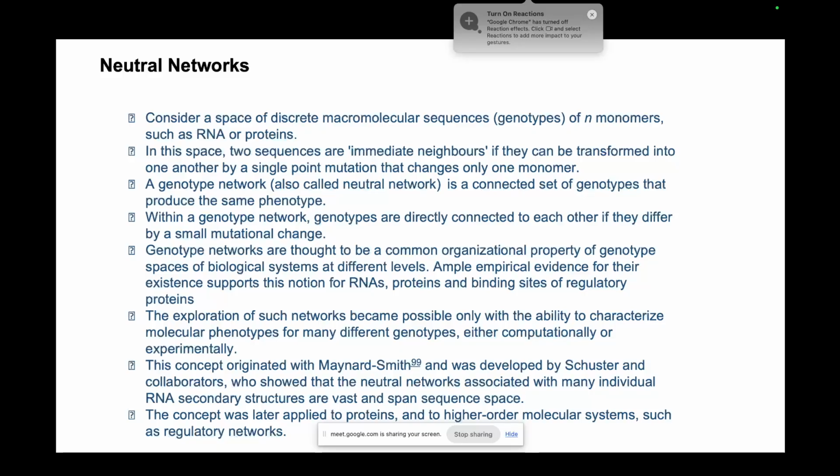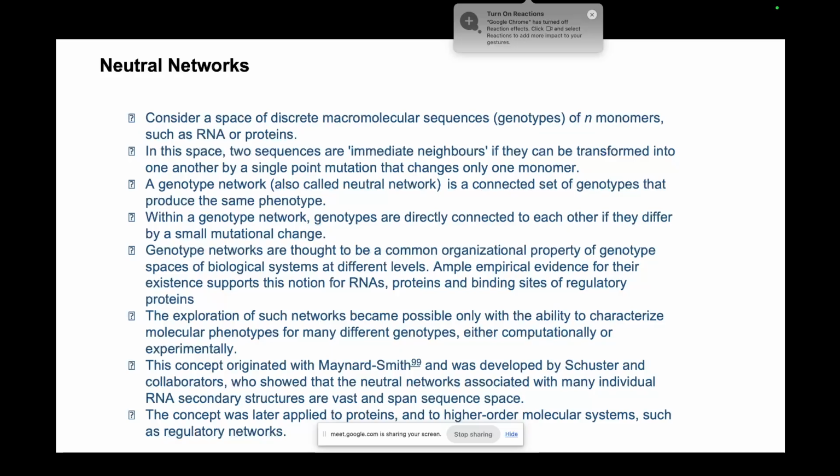Consider a discrete macromolecular sequence of genotypes of n monomers, such as RNA or protein. You consider that as a space where everything is distributed, and in this space, two sequences are immediate neighbors if they can be transformed into one another by a single point mutation that changes only one monomer.